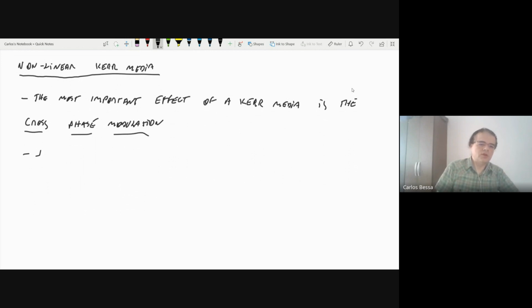What it does is that it provides an interaction between two modes of light.